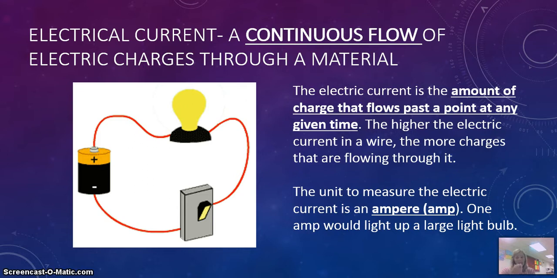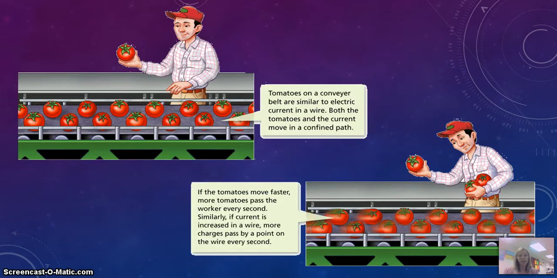If we have an electrical current flowing, that means that electrons are flowing through the wire to the bulb and back around to the battery source. If there's a stronger current, that just means that more electrons are flowing past any given point at a certain time. Another way to think about this is a conveyor belt.